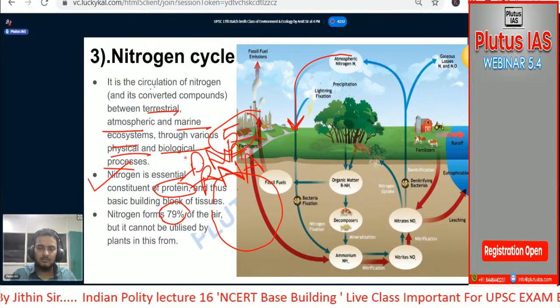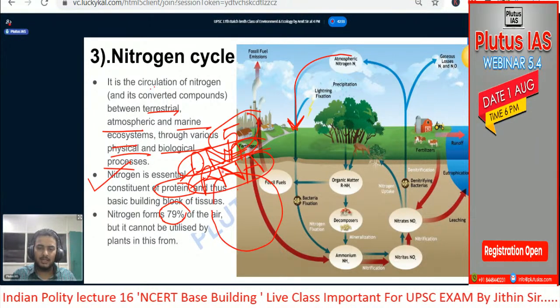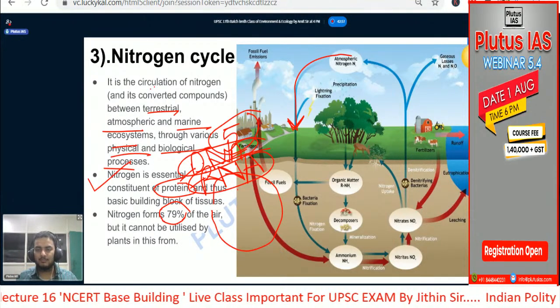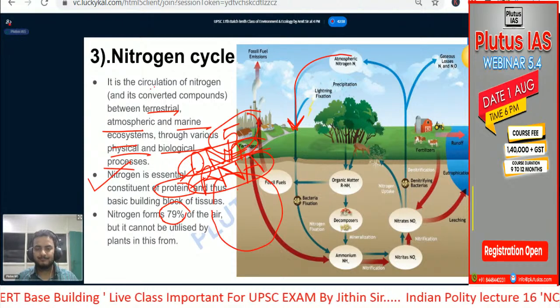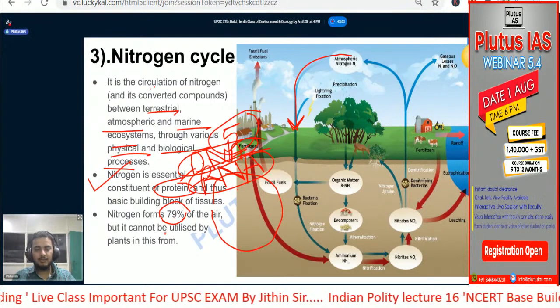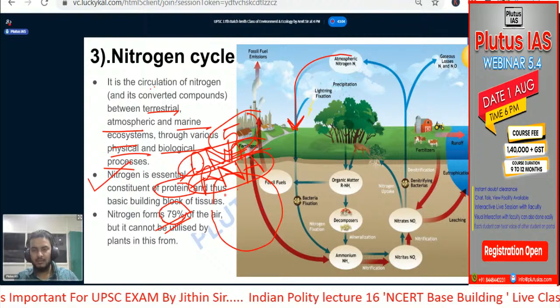Clear? So nitrogen is very important, also for the support of life, and it is 79% by volume in air.